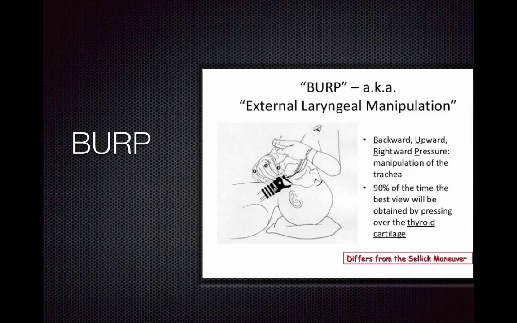So towards the patient's back, up towards the patient's head, to the patient's right, and then pressure. 90% of the time, best view will be obtained by pressing over the thyroid cartilage, not the cricoid cartilage. So remember, cricoid cartilage is out, thyroid cartilage is in.